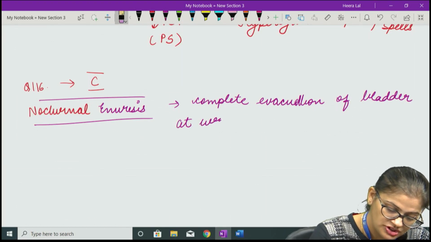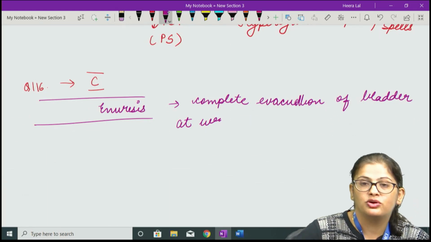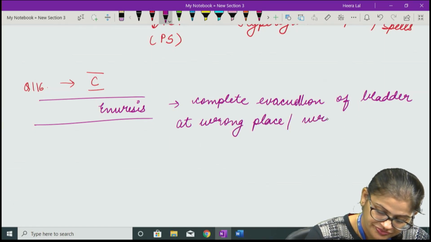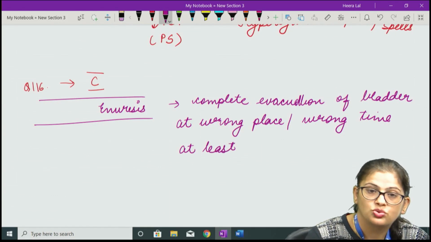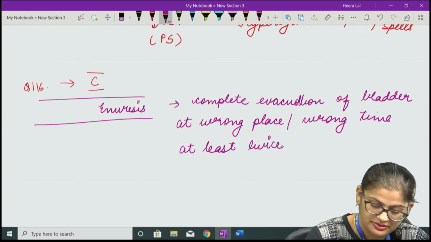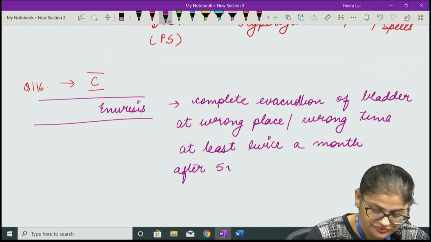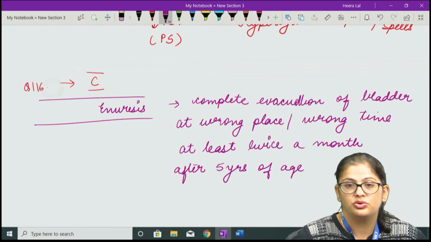So this is the definition of enuresis. So if there is complete evacuation of the bladder at wrong place and at wrong time, at least twice a month after 5 years of age, then it is defined as enuresis.